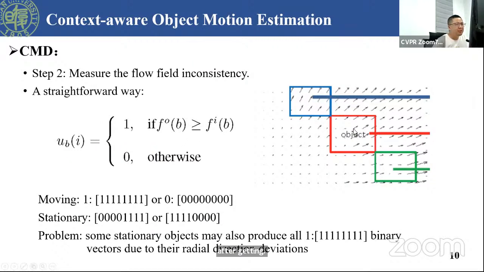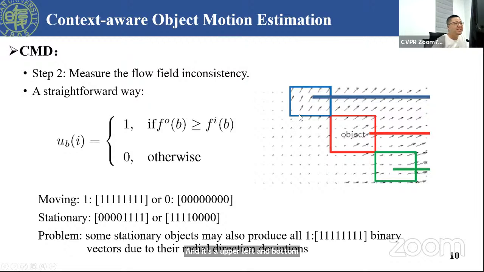After dividing each flow vector into its nearest direction, we come to step 2 to measure the flow field information inconsistency between the center object and its upper left and bottom right.